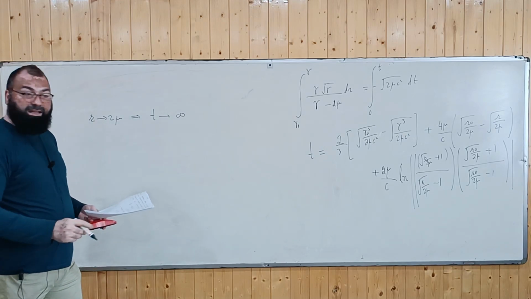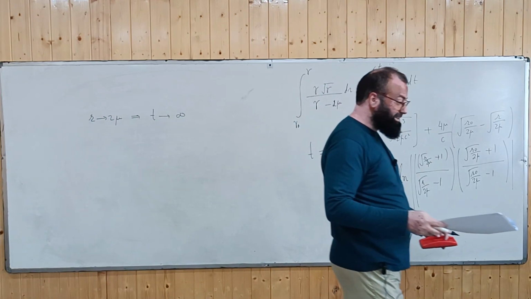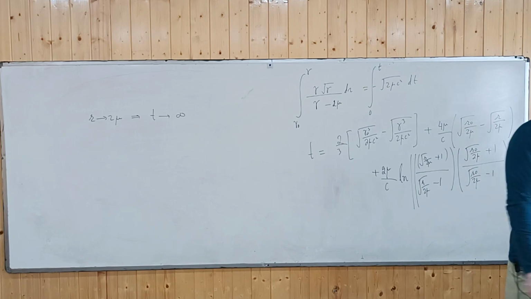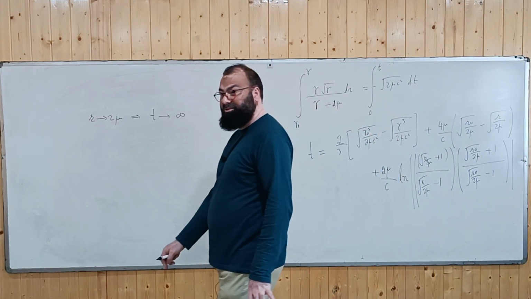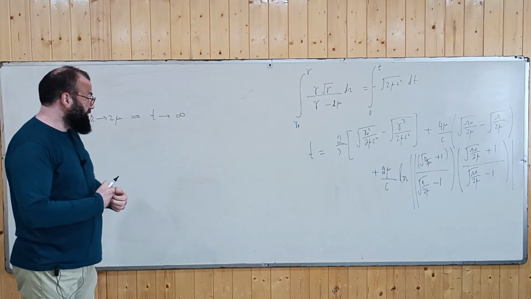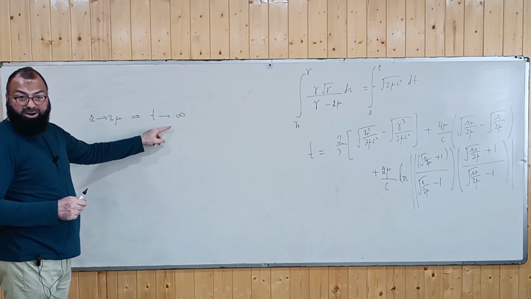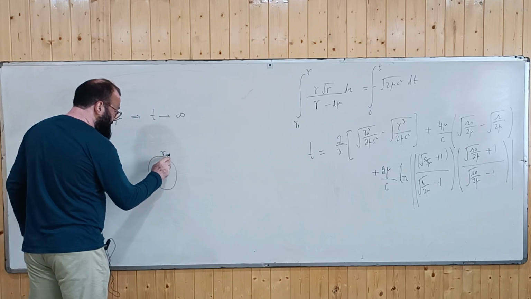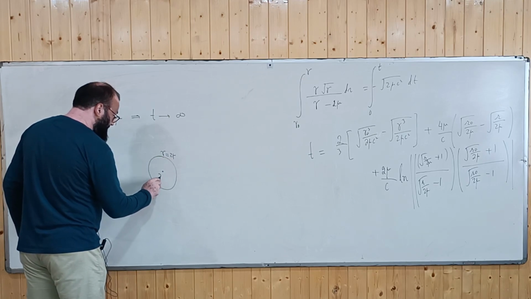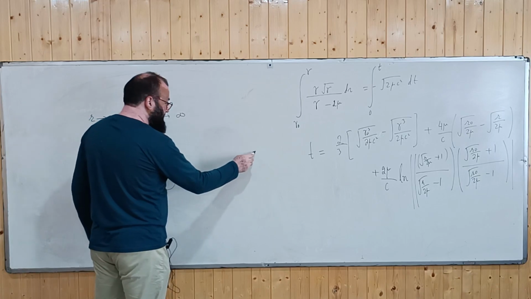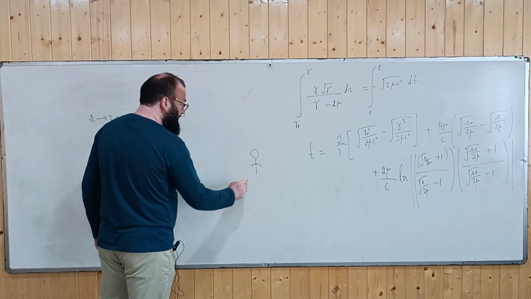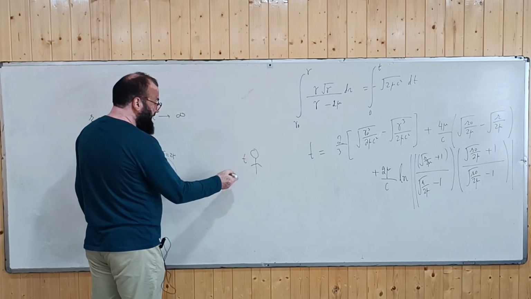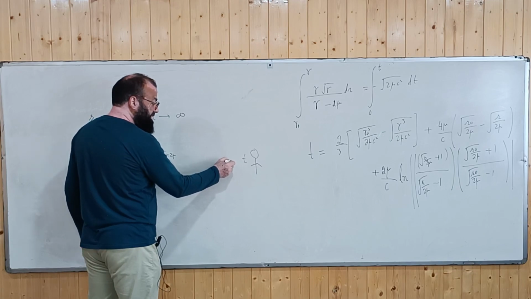So what does that mean? It's a very important result. This will help us to understand black holes. So what is t? t is the coordinate time. It is the time measured by, let me write, this is r equal to 2 mu and this is our r equal to 0. An observer is here. He measures the time t and you have an infalling particle from here.